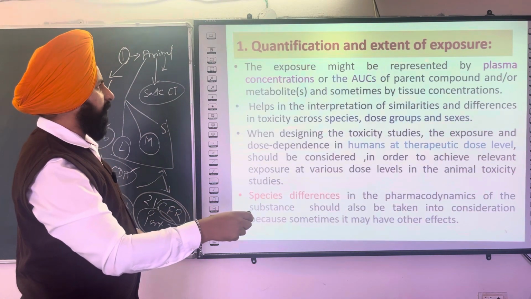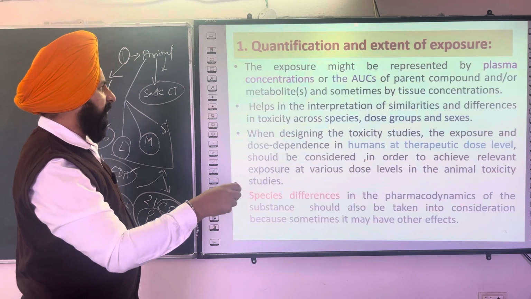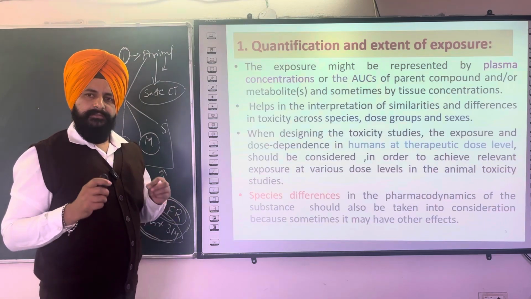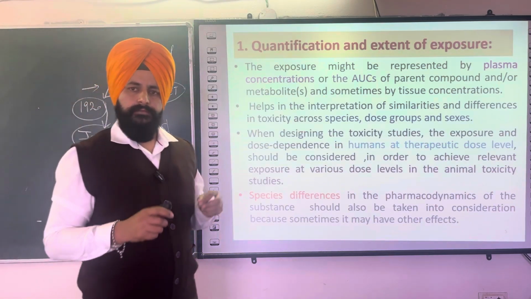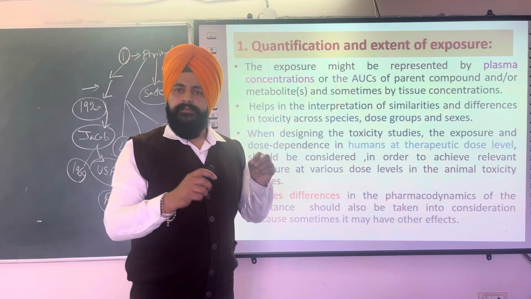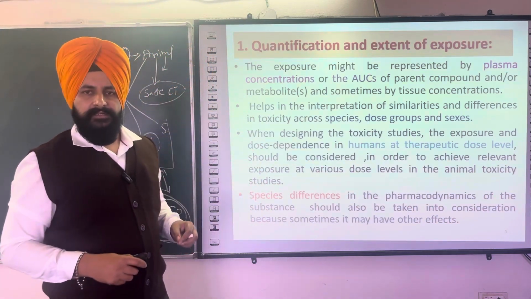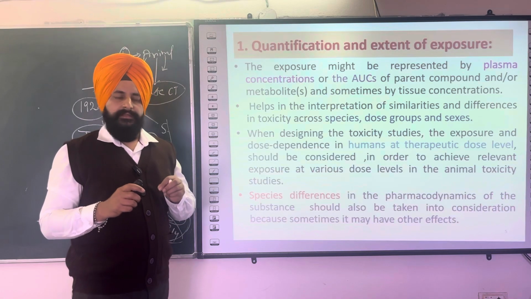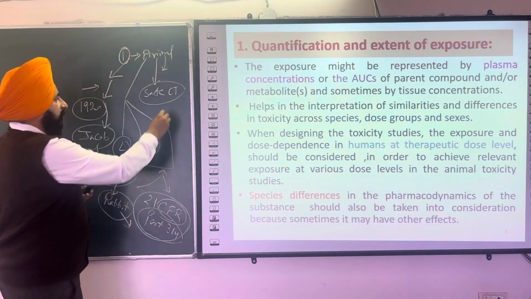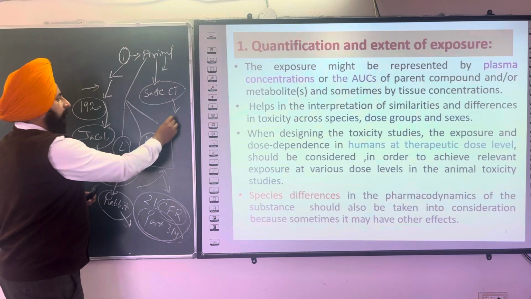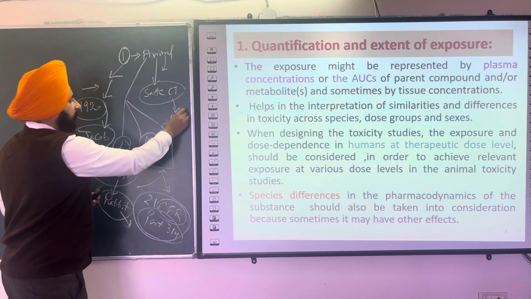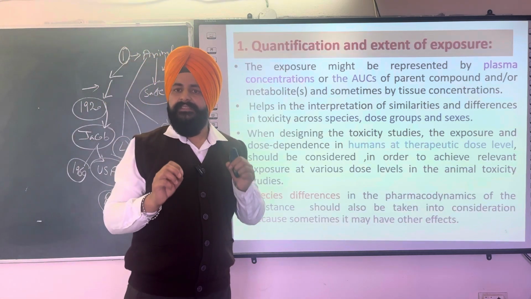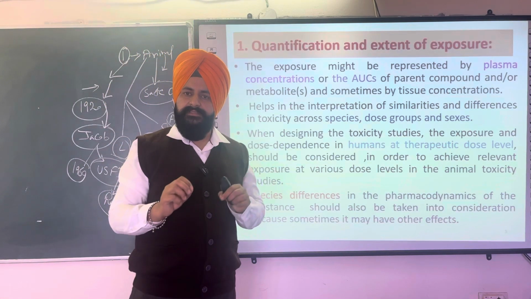So the first thing which is very important is quantification and extent of exposure. Whenever you administer any drug to a rat, mice, guinea pig, rabbit, dog, or any other animal, the basic principle, if you want to check the concentration of the drug in the body of the animal, is always the AUC, that means area under the curve. That means you calculate Cmax and Tmax, the maximum concentration.